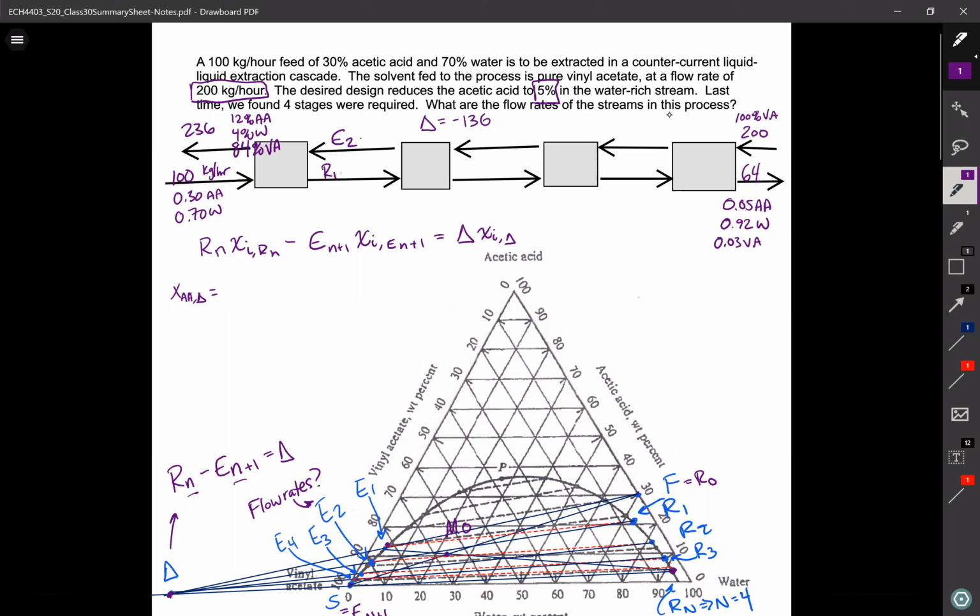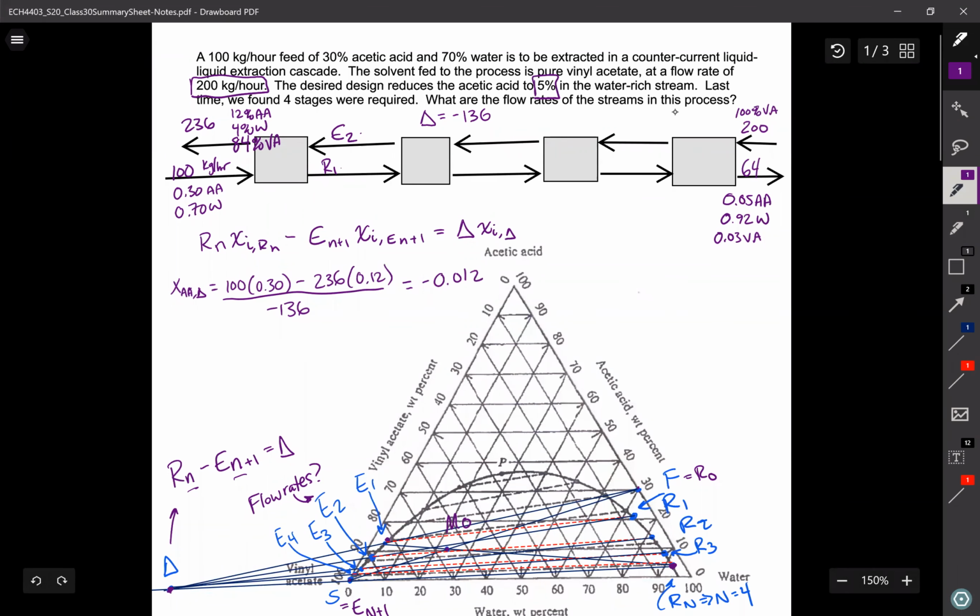We're evaluating for little n equal to 0, in other words, the feed. So it's 100 times 30% minus 236 times 12%, all divided by minus 136. So calculate that number, and I get negative 0.012. And looking at the diagram, you may think, well, that doesn't make sense because the composition can't be negative. But remember, the delta point is outside the regular triangle, so it's not a big problem.